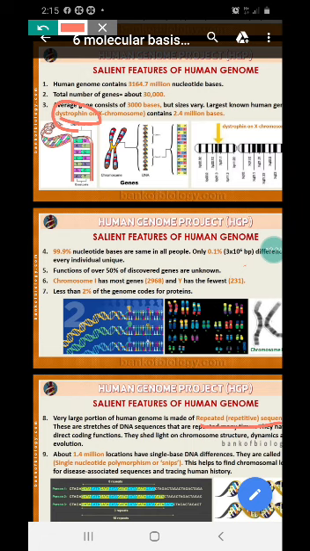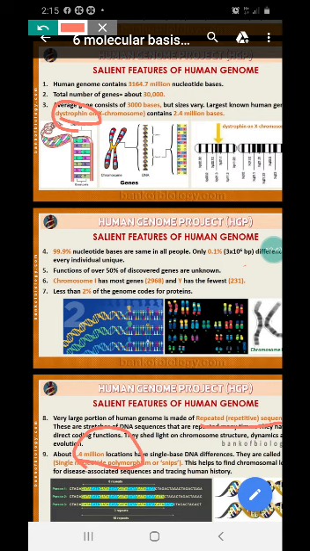Also, they have identified nearly 1.4 million locations where there is single base polymorphism. Single base, that is what I told now. Either A repeated millions of times, or C like that, or T like that. Understood?